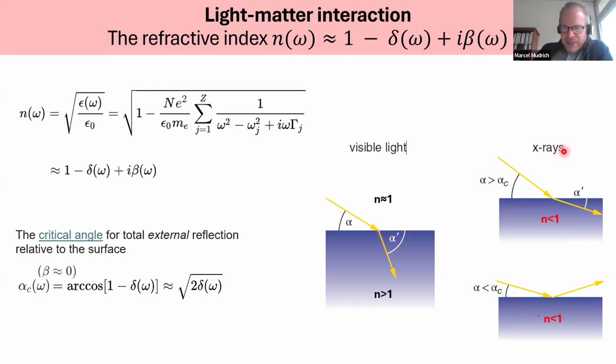In the case of X-rays with an index of refraction smaller than 1, you can get an effect called total external reflection, as shown here on the bottom right, where at grazing incidence none of the light beam actually penetrates deep into the material, but gets completely reflected. And that is good news if we want to build an X-ray mirror.